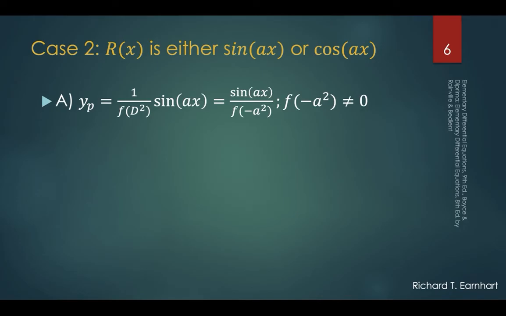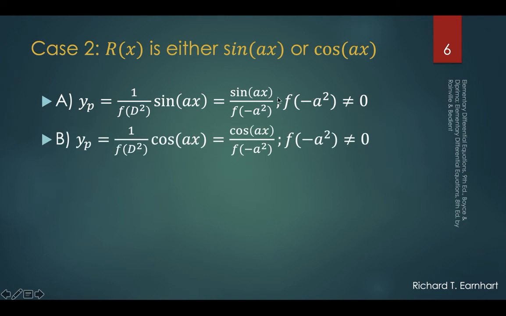And so for sine ax, your inverse operator will be 1 over f of d squared sine ax, and then apply this, copy the function f of negative a squared. So meaning we replace d squared by negative a squared, provided that f of negative a squared is not equal to 0.